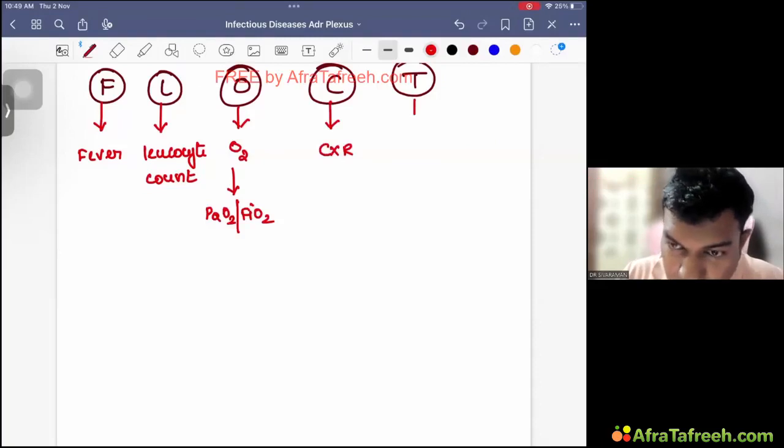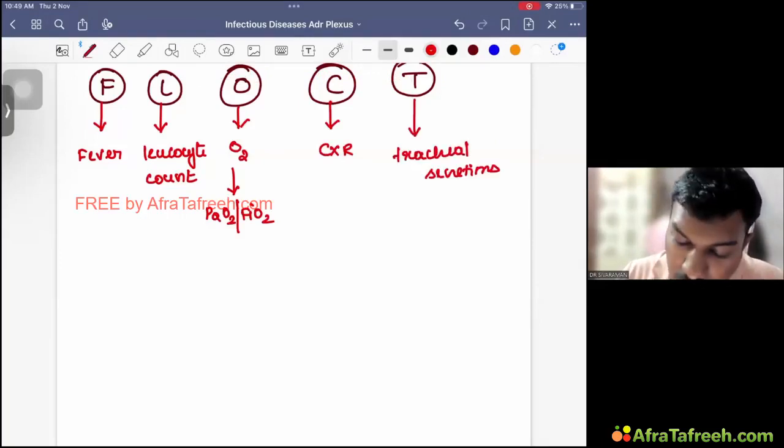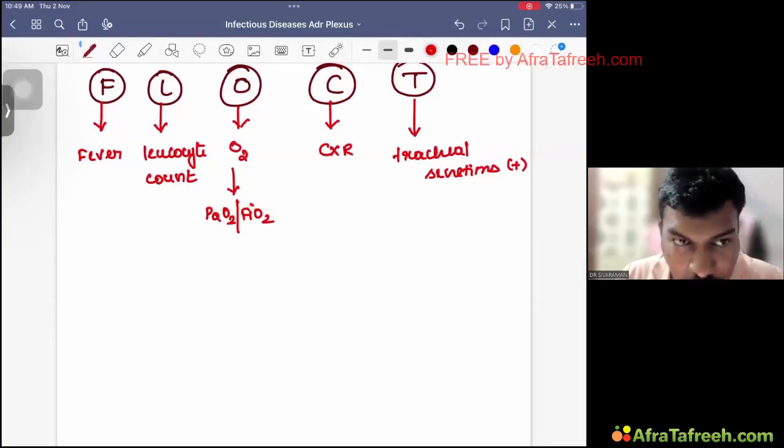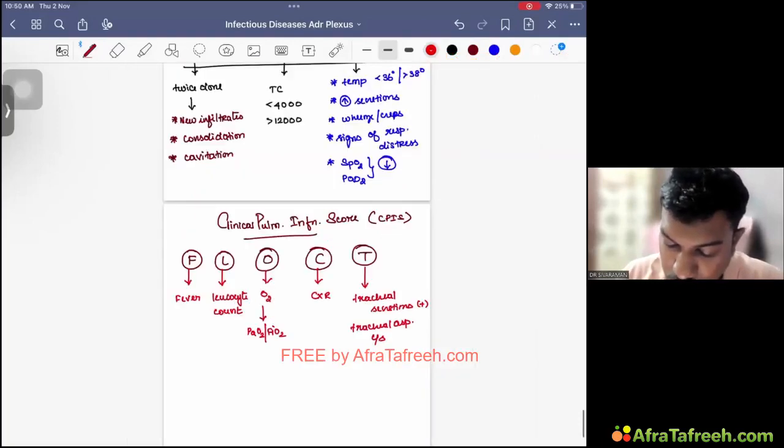T for tracheal secretions, whether tracheal secretions are present or not, and tracheal aspirate culture sensitivity. So these are the scoring systems.